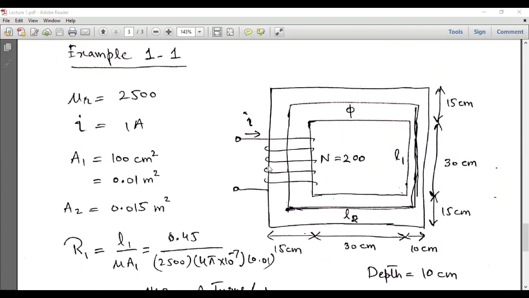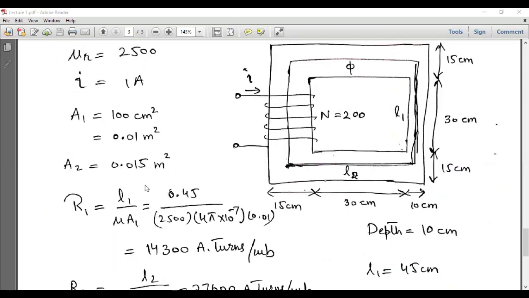The current I is equal to 1 ampere, which is made to flow through this winding. Now we can calculate the area of the right leg. The depth of this core is 10 centimeters, and area is width multiplied by depth. For this leg, the width is 10 centimeters and the depth is also 10 centimeters, so the area is 100 square centimeters, or 0.01 square meters.